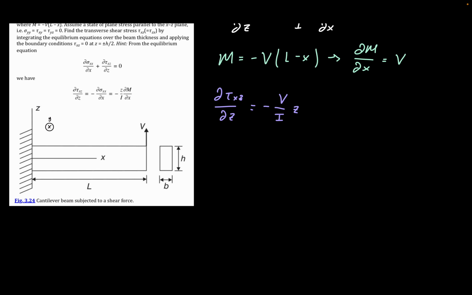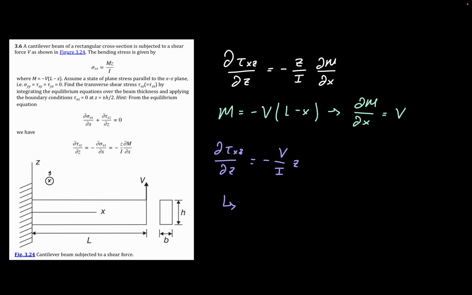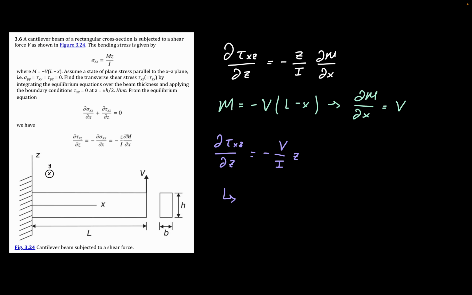So now what we can do is integrate. If we multiply partial z over to the other side and integrate both sides, we're then left with tau xz is equal to negative V divided by 2I times z squared plus some constant C.